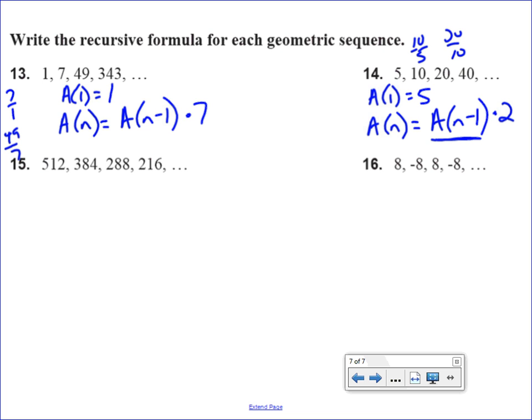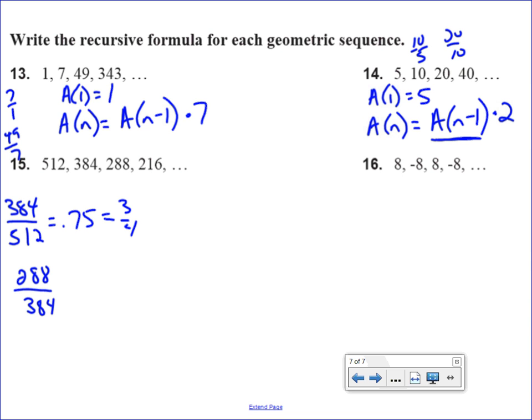Okay, so if I looked at this one to try and find my common ratio, you got to take these things and divide them out. So 384 divided by 512 is 0.75, which you could also write as 3/4 if you wanted.